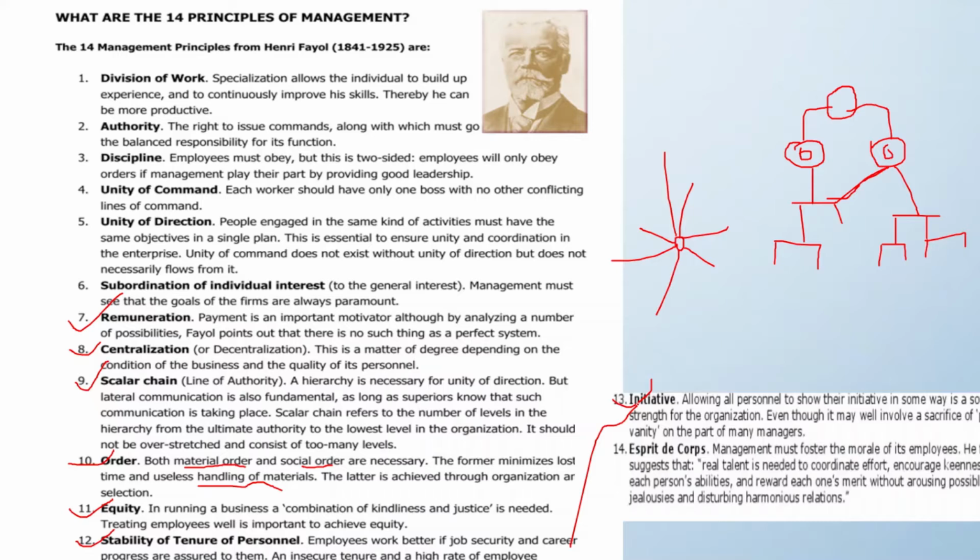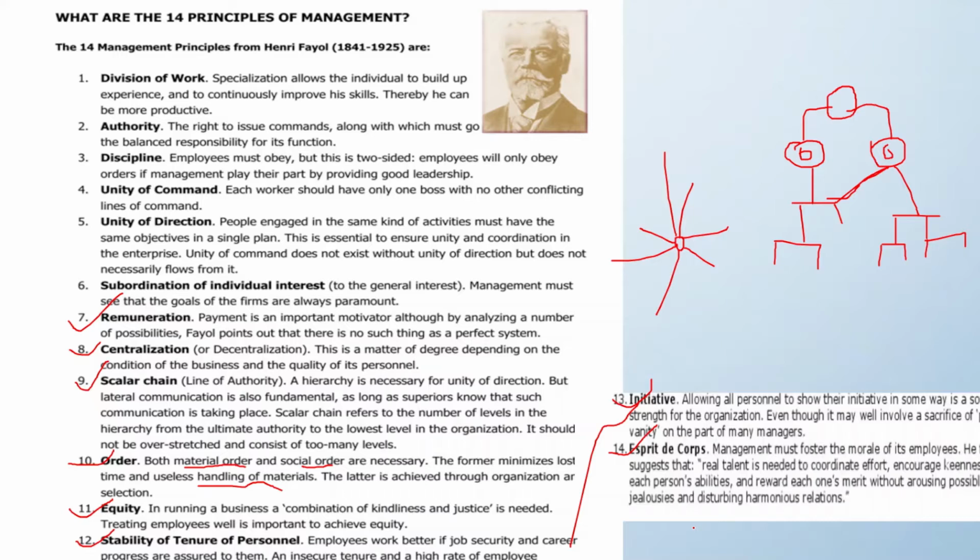Then it is esprit de corps, the last point of the principles. The management must foster the morale of its employees. He further suggests that real talent is needed to coordinate effort, encourage keenness, use each person's abilities, and reward each person's merit without arousing possible jealousy and disturbing harmonious relations.